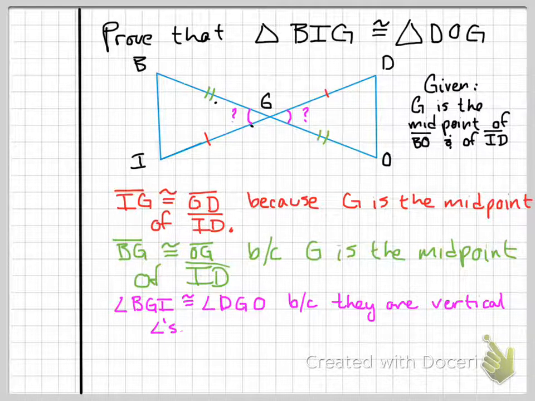So now I have that a side and then an angle and then a side are congruent in that order.